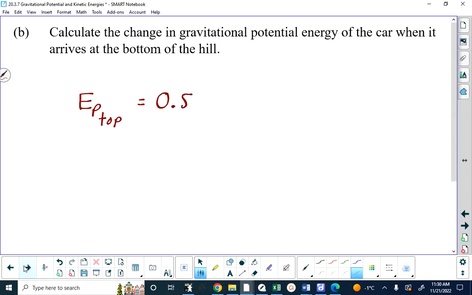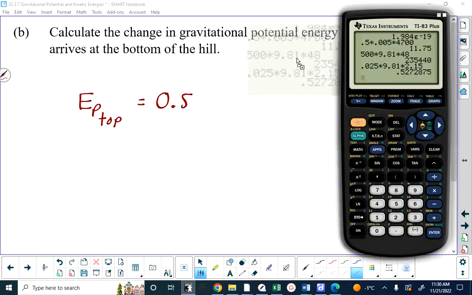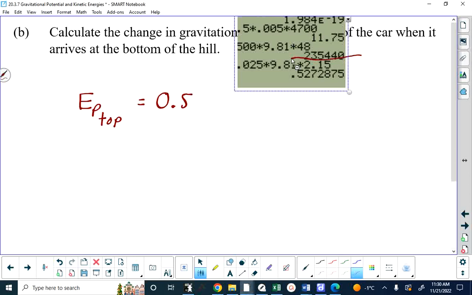I want to get some more decimals here. 0.5272875 joules. Can you calculate for me the potential energy the car would have at the bottom of the hill? So I want you to do an mgh calculation now for the bottom of the hill.